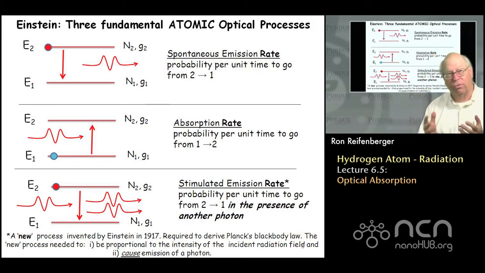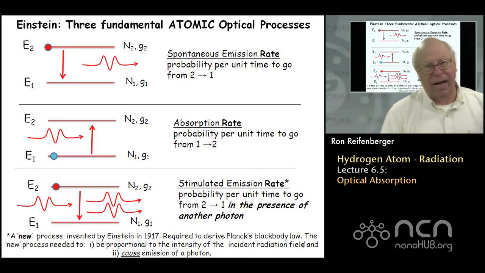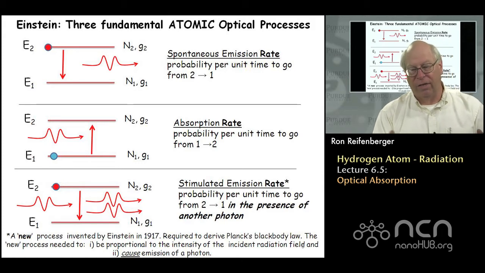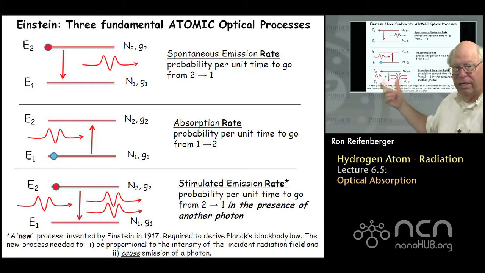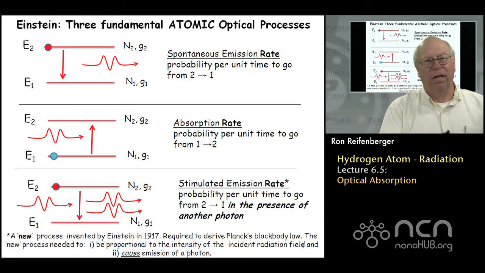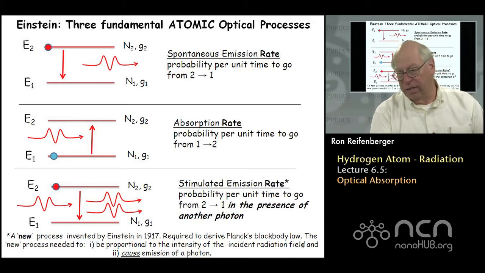I'd like to go through these 3 processes, and then in the course of this lecture, I'd like to define these processes in a little bit more detail and work out some simple arithmetic to give you some feeling for how this qualitative discussion in this slide translates into actual quantitative numbers that are extremely interesting.